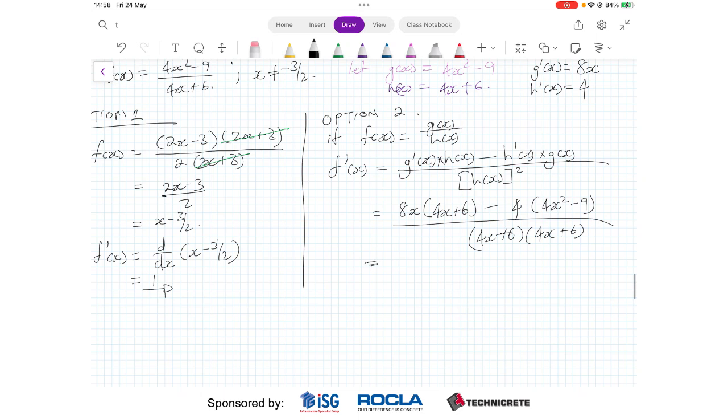This will thus be equal to 8 into 4, that is 32x squared plus 8 into 6. I just need to find my calculator to make sure that I am doing the right thing. 8 times 4 is 32, and 8 times 6 is 48, not 52.